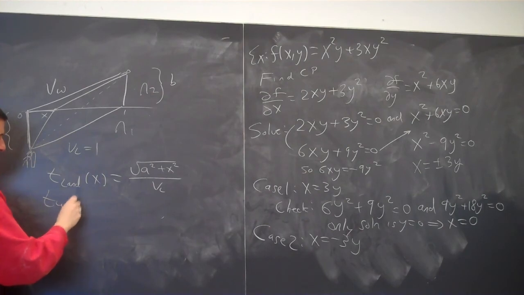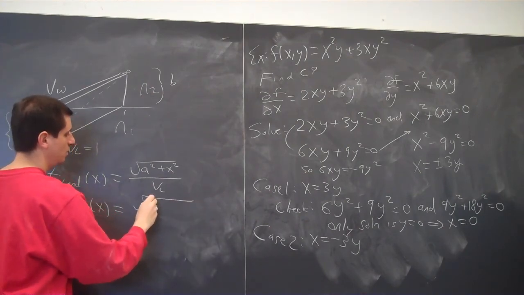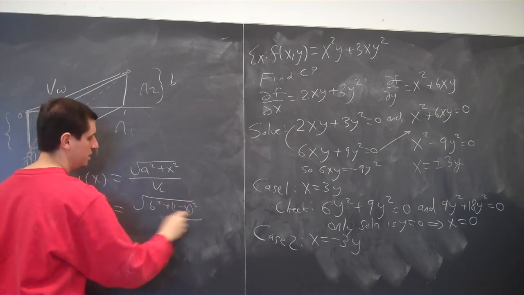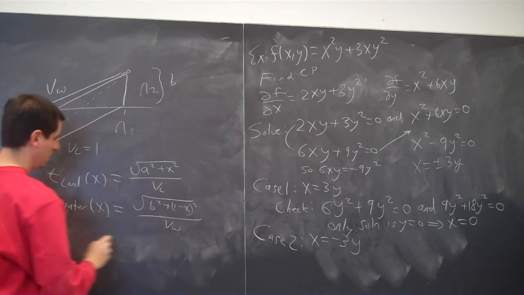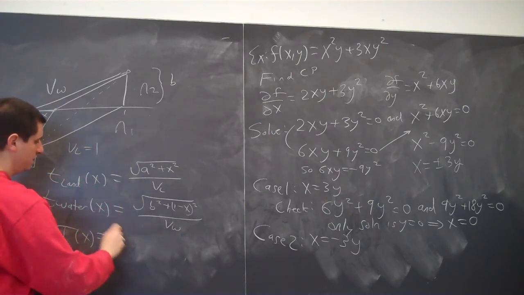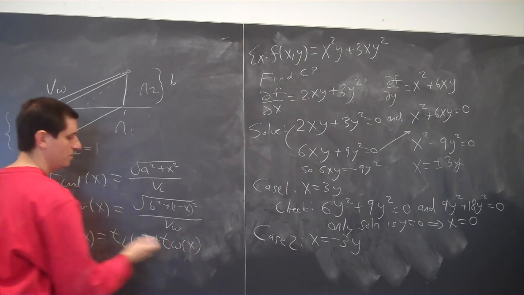My time in the water is going to be the square root of b squared plus (1 minus x) squared, divided by v water. And now I want to minimize the time, which will be t land of x plus t water of x.